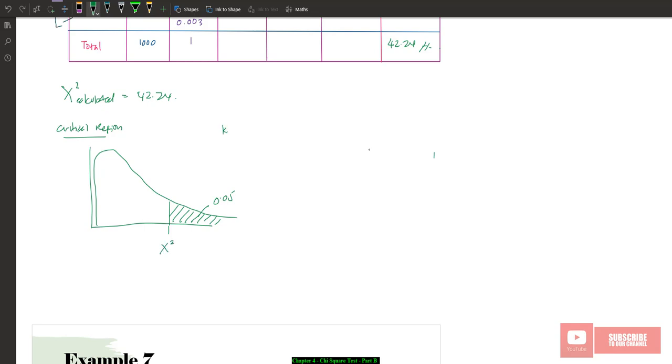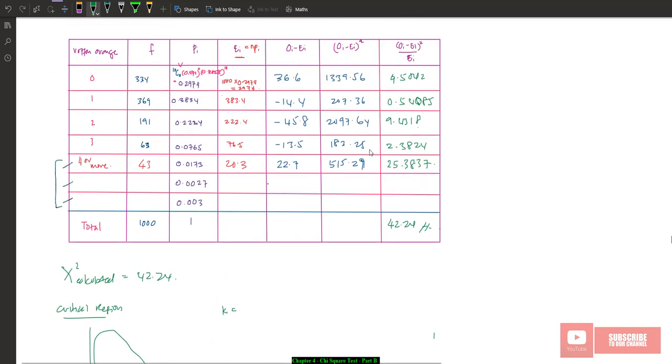What is k? After we combine the categories, we have 1, 2, 3, 4 and 5. So our k is equal to 5.